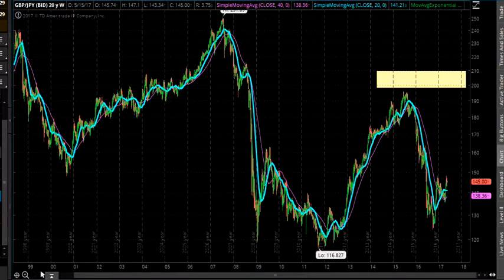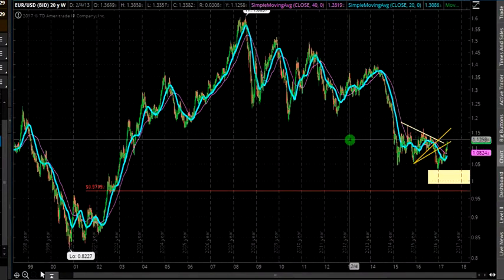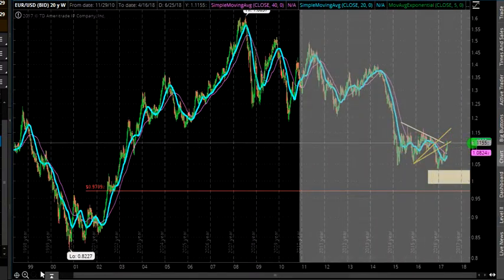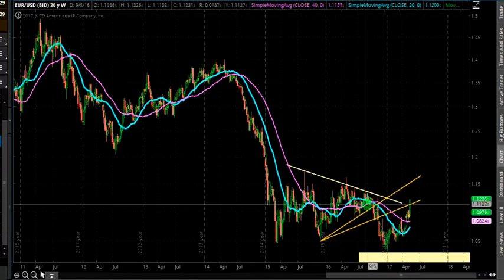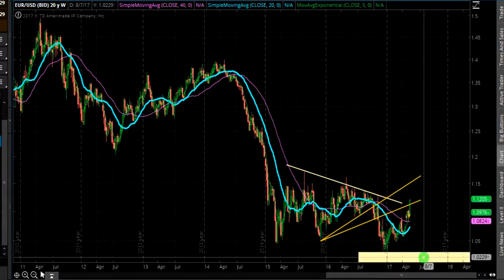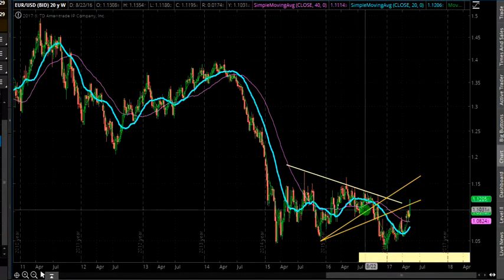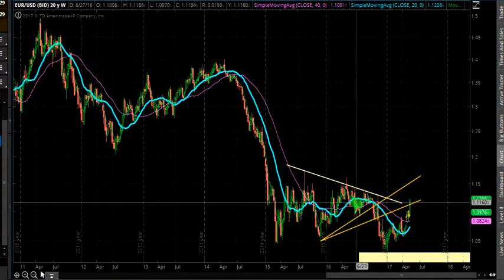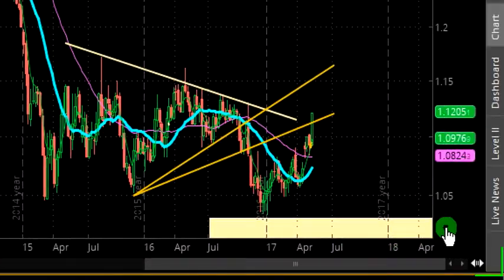Now let's look at the euro US dollar. So we looked at the dollar a minute ago, and for those of you that are wanting to be long the euro, first of all, I was anticipating this would roll over and make another low, because it didn't look like this wave 5 was long enough for this triangle, but it kind of just didn't want to go lower.